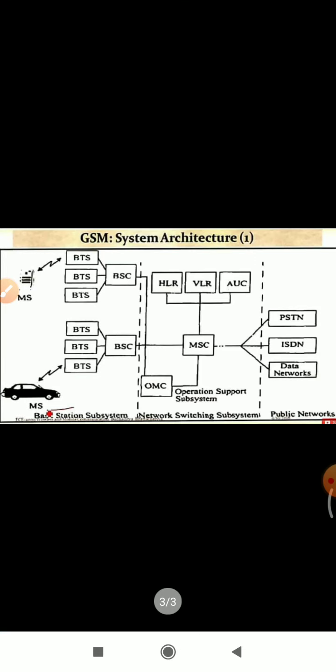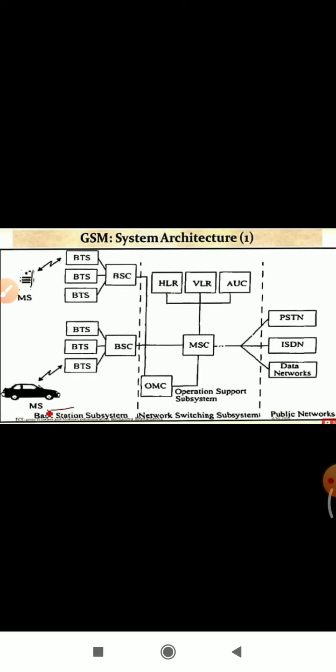First of all is MS, which is your mobile phone. The BSS comprises two blocks, that is BTS and BSCs. You can see that a BSC can be connected to a number of BTS, and a BTS can be connected with a number of MS units, that is mobile phones or mobile stations.